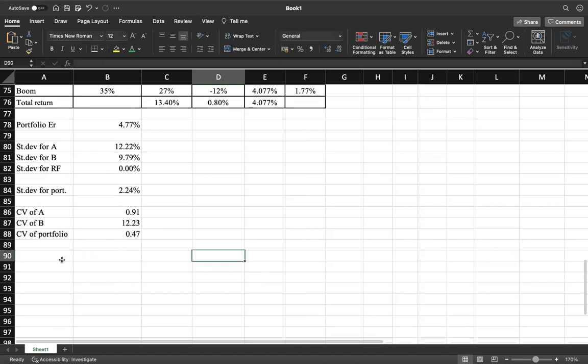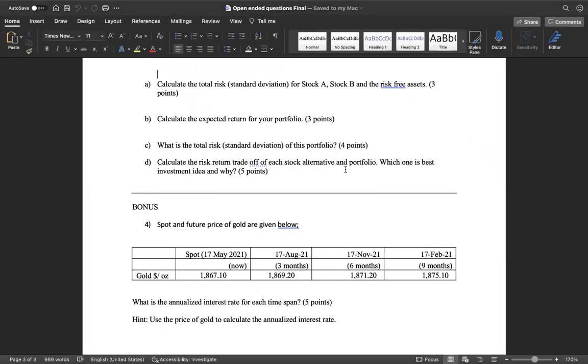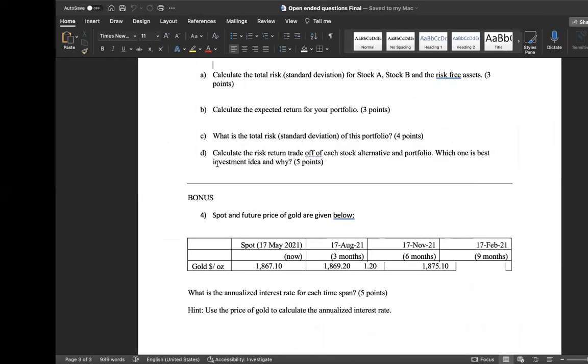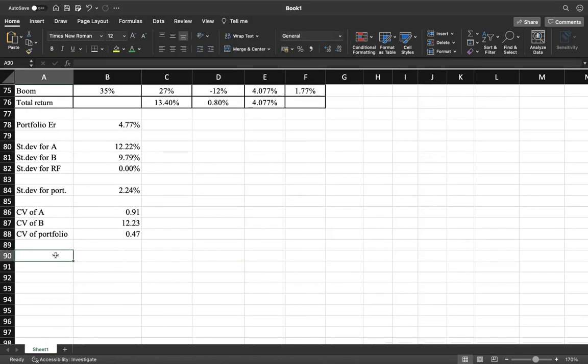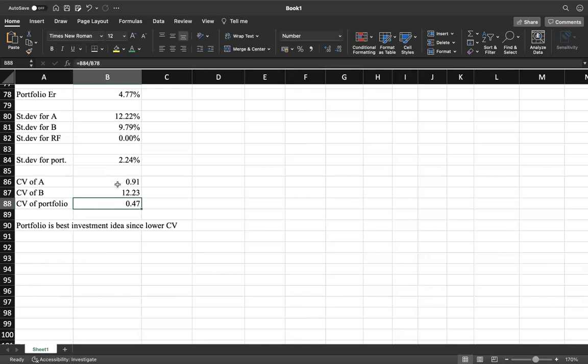So as a result, the question is asking which one is the best investment idea and why. Portfolio is the best investment idea since it has a lower coefficient of variation, therefore it is best.